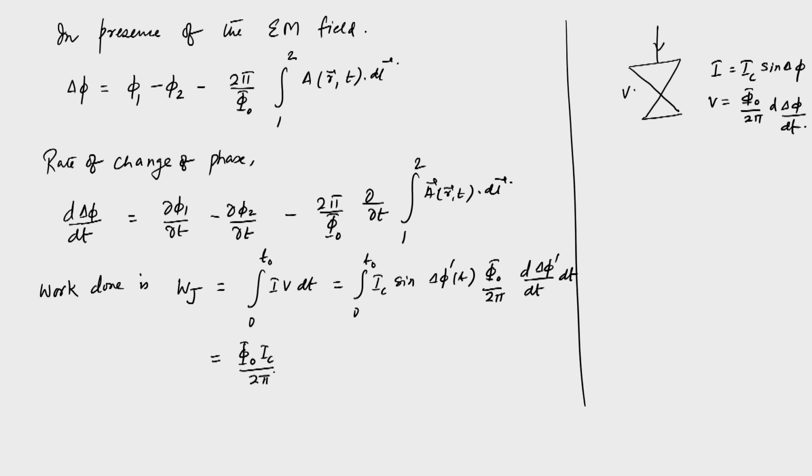It is equal to phi_0 I_c over 2 pi times the integral from 0 to delta phi of sine delta phi prime d delta phi prime, which equals phi_0 I_c over 2 pi times (1 minus cosine delta phi). So, that is the work done, or the energy stored in the junction.